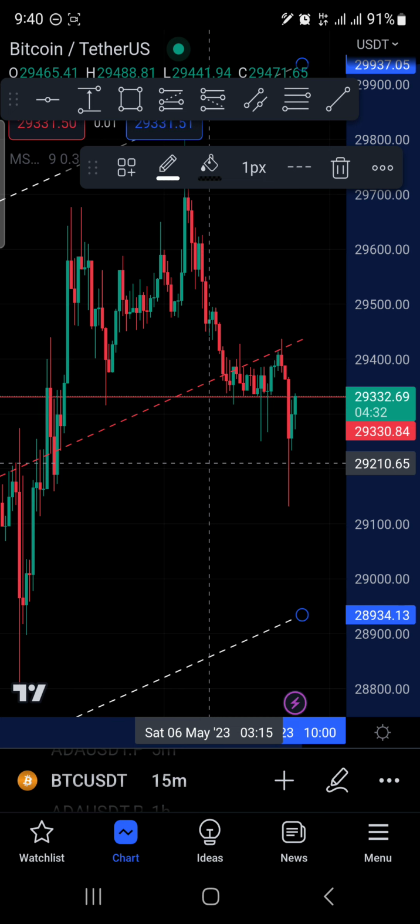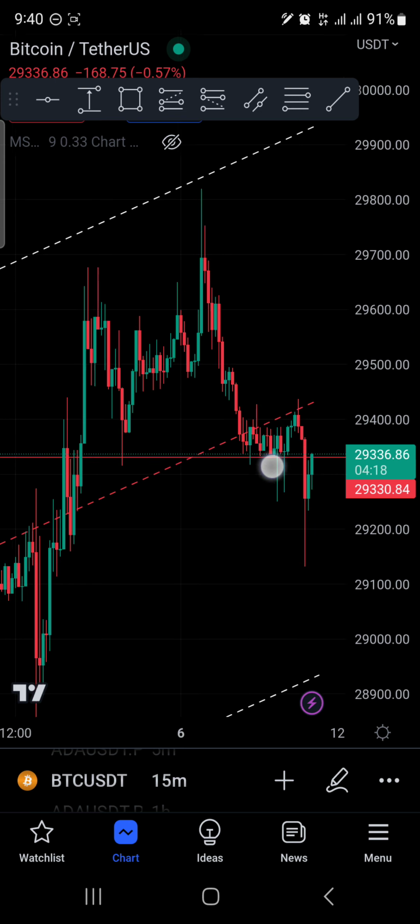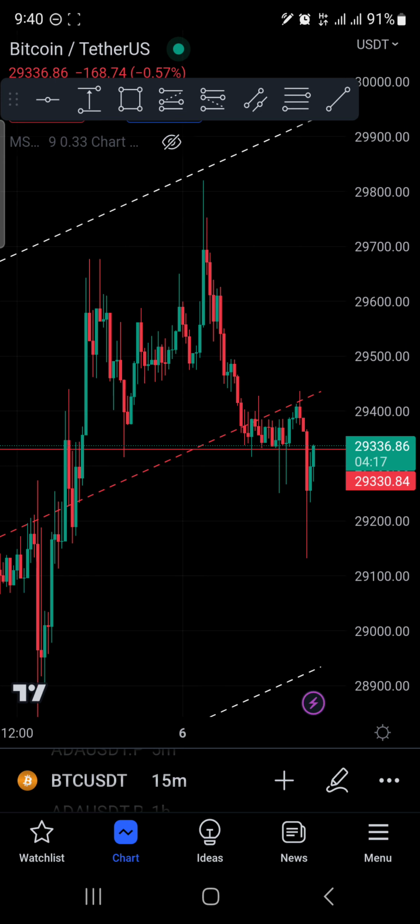It's going to take you a while to master the market, because you are trading with big traders, with professionals. You know what that means? So let's understand how candle closure works.